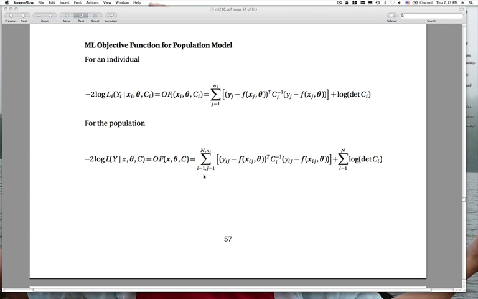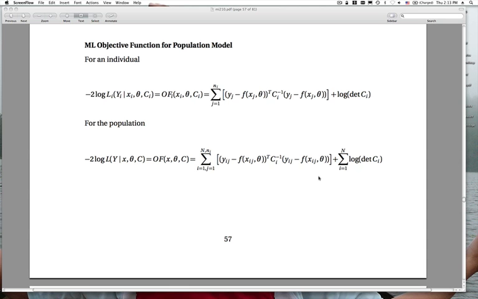Summing across individuals and data points, then we have the same expression, the observed minus the model predicted squared, divided by the variance, plus the log of the variance. So conceptually it's quite similar.